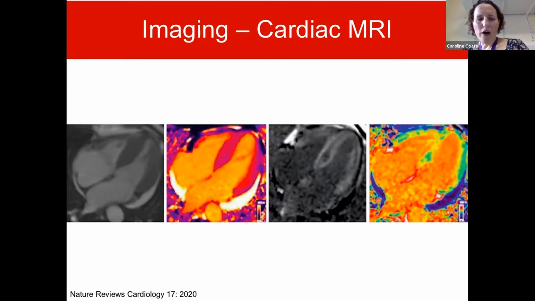And cardiac MRI was adopted in the UK fairly well, and in Scotland all the major centres have cardiac MRI available. Amyloidosis has a fairly classical appearance on MRI scanning, and the coloured pictures that you see represent an even newer technique that we can actually quantify how much amyloid is in the heart.